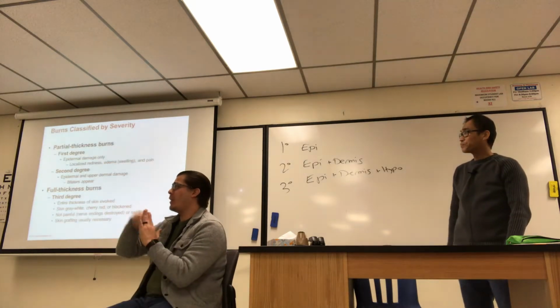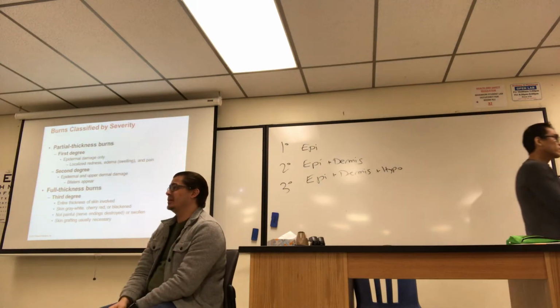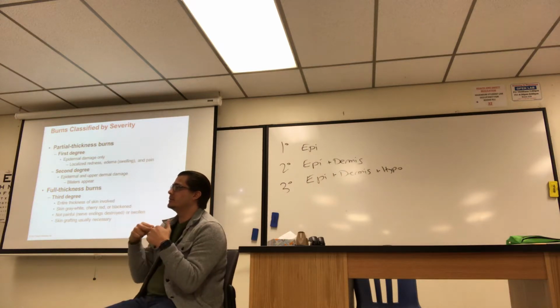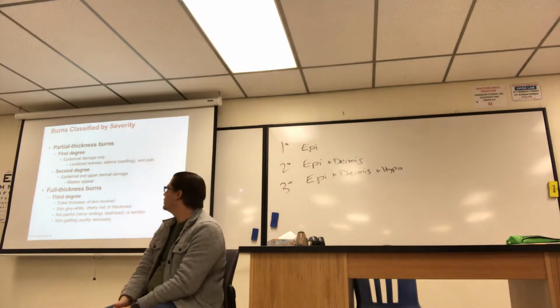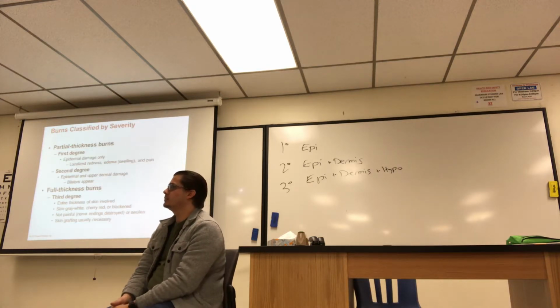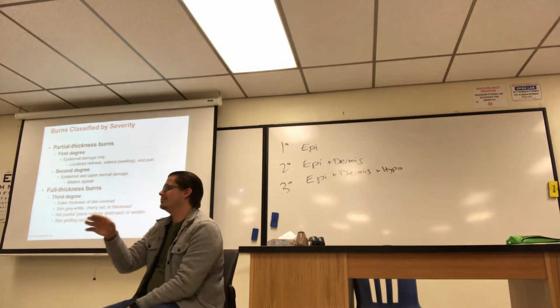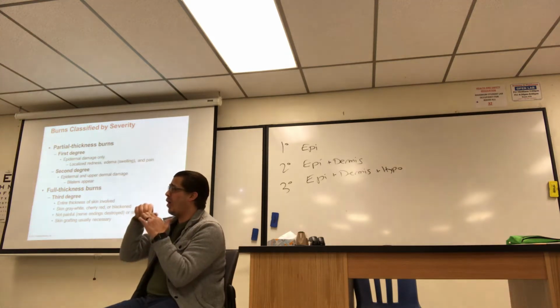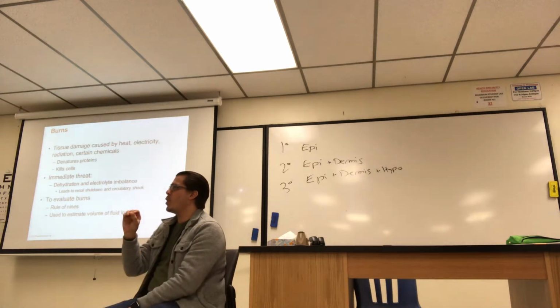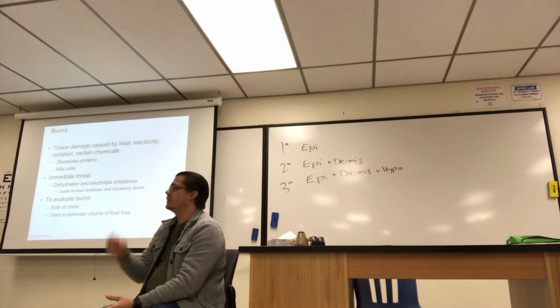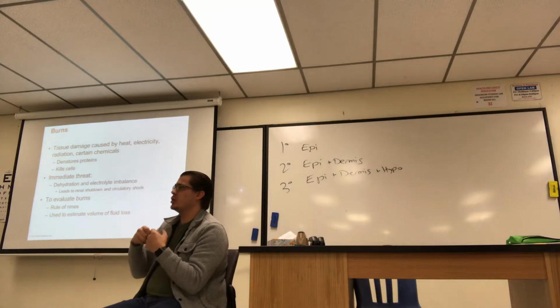Okay. So that's what this slide says, and it has some other descriptions of it. But basically, I just want you to know third degree burns all the way down to the hypodermis. And tissue damage caused by heat, electricity, radiation, chemicals kills cells.